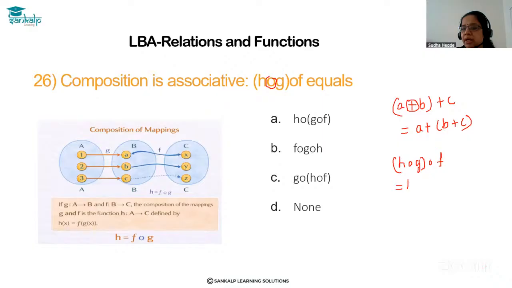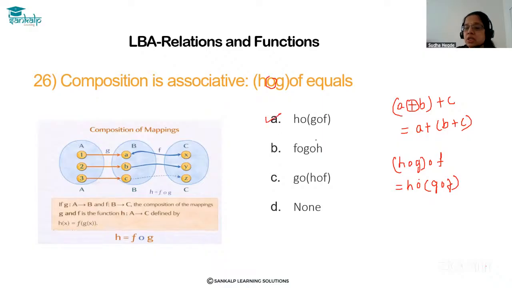You can write it as H composition, (G composition, F). It's like the general associative property. So option A, H composition, G composition, F is the correct answer.